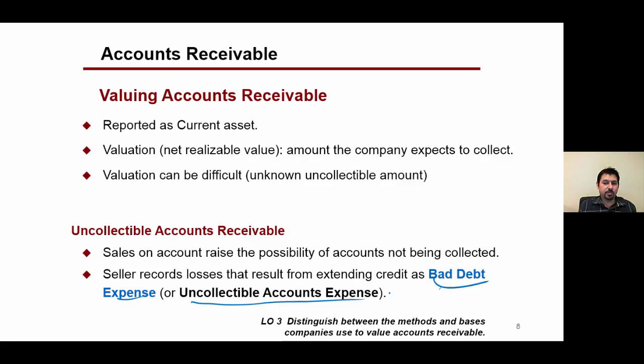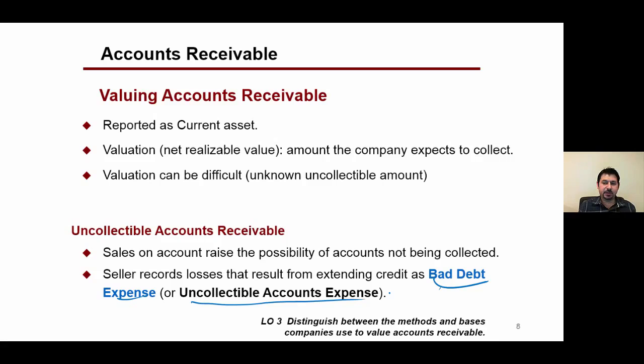Most companies have to conduct business on account in order to attract customers. But the higher the amount of sales on account, the higher the amount that might be uncollected.